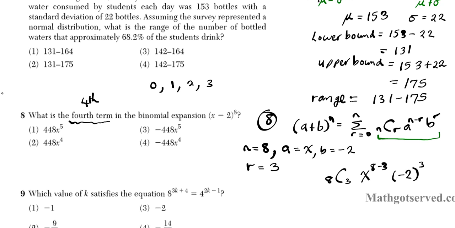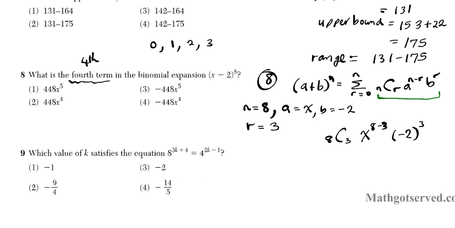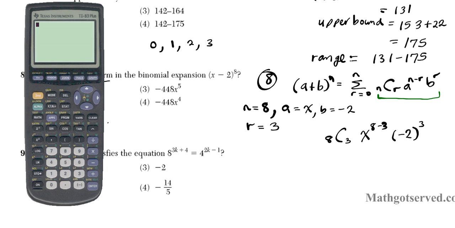Now let's simplify that. We can use our calculator to compute this combination value, 8 choose 3. Let me show that to you real quick. There goes my calculator. I'm going to calculate 8C3.